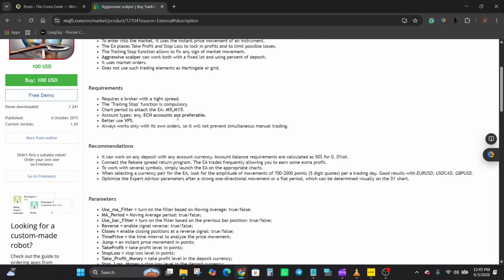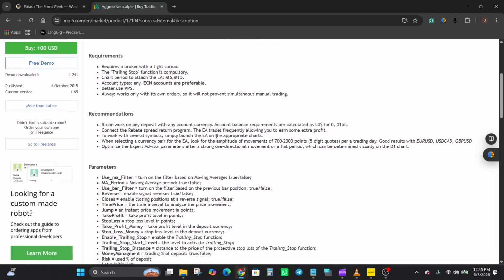It's also mentioned that VPS usage is recommended to help maintain stable execution. Now, there is also a recommendation about symbol selection. The EA is suggested to work better on pairs with higher daily movement ranges, such as EUR/USD, USD/CAD, and GBP/USD, based on their volatility characteristics.